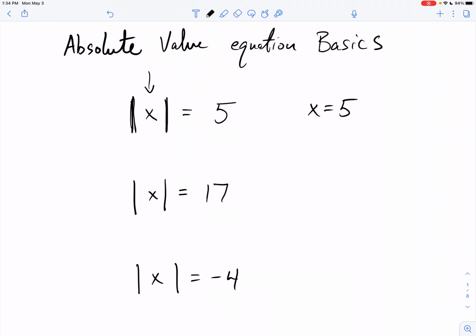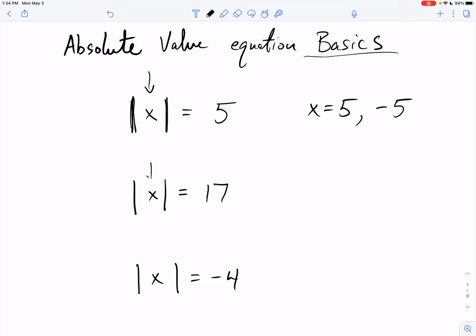But wait, there's more. If you were to plug in -5, you'd also get a correct answer for this. Now, I know you're saying to yourself, well, this is too basic. Yes, these are the basics, but even the more difficult questions follow the same type of logic. So let me just get to it.